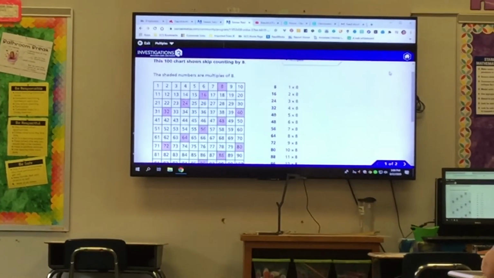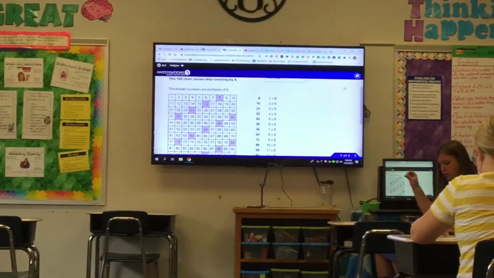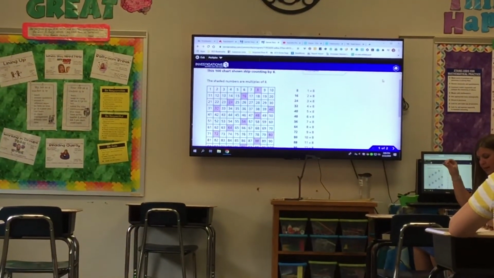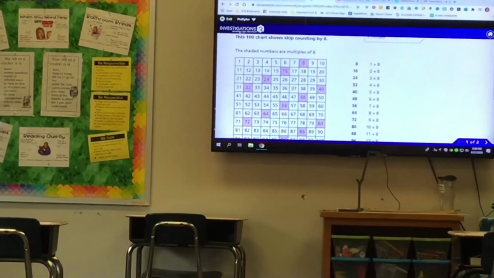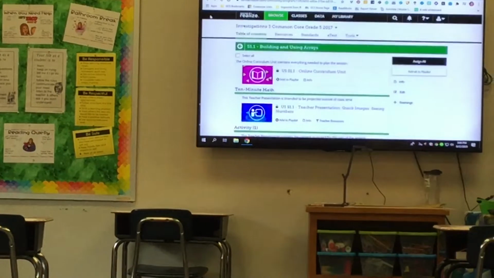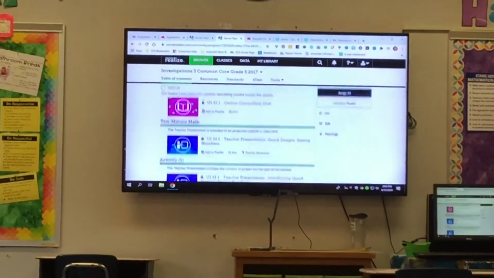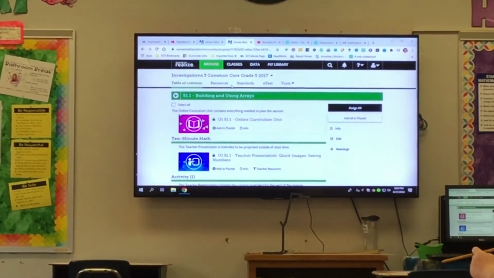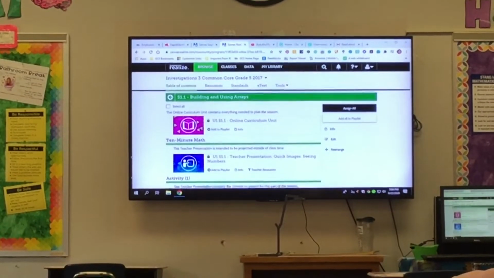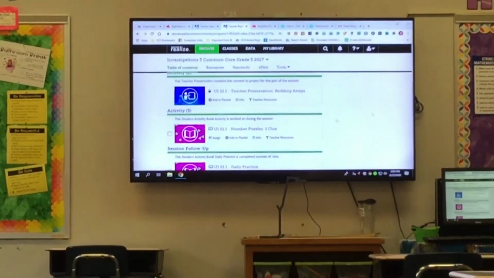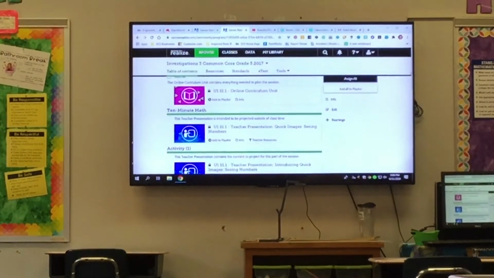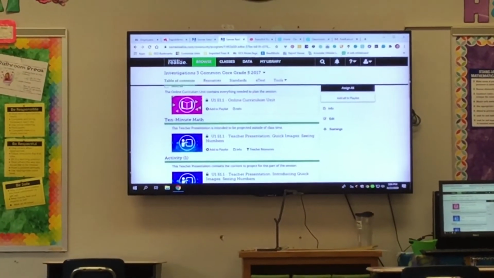We're going to go back to this. So an unmarked array, the number will make an array that has 10 as one of the dimensions. So you are actually going to draw an unmarked array. Let me get to my slides, be patient with me as I pull up all these slides. Use your resources.